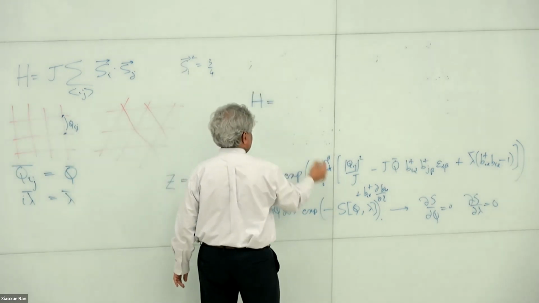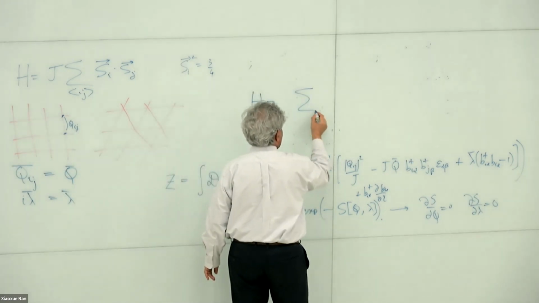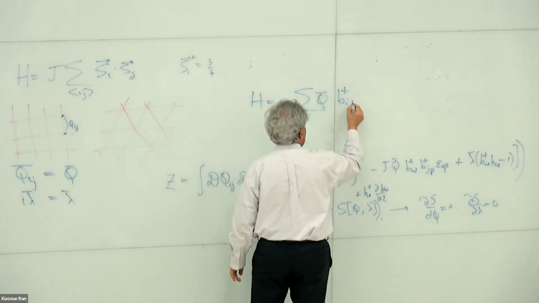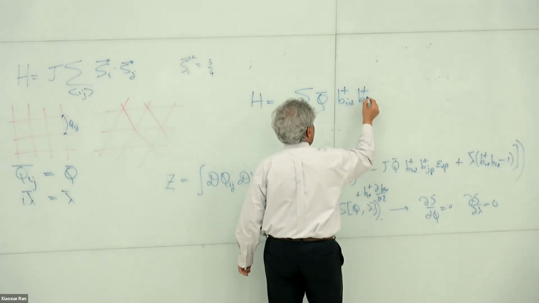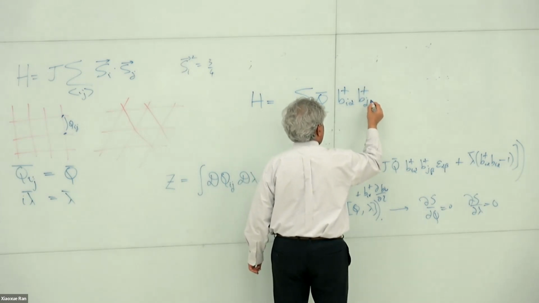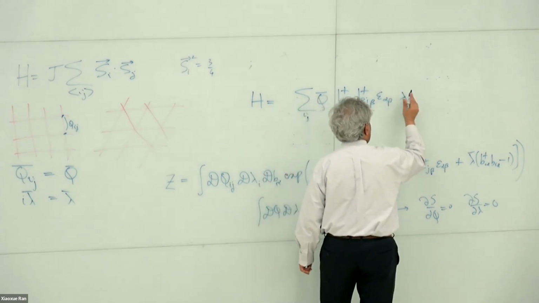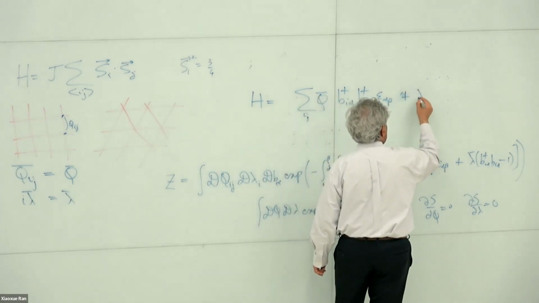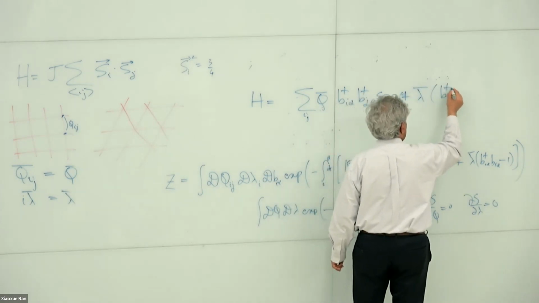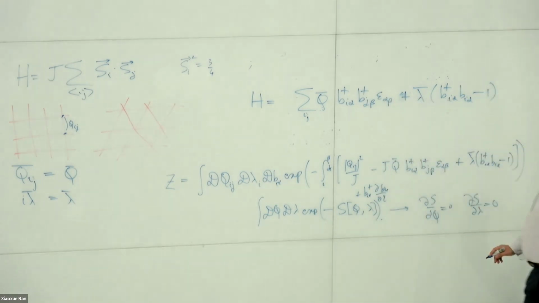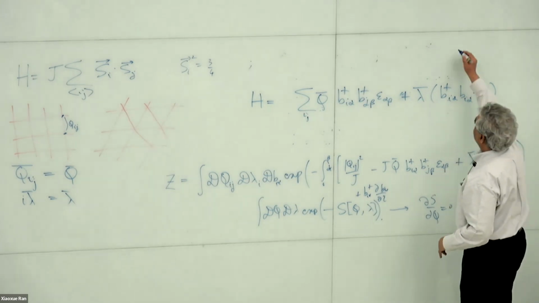H is just basically a sum on the lattice sites of Q bar, B dagger i alpha, B dagger j beta, epsilon alpha beta, plus lambda bar. That's it. Okay. So this is just a free boson Hamiltonian, and you can diagonalize it by a Bogoliubov transformation.